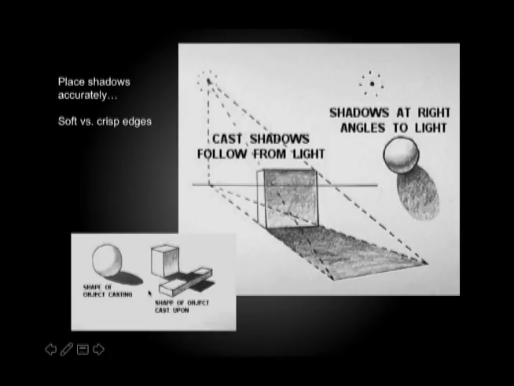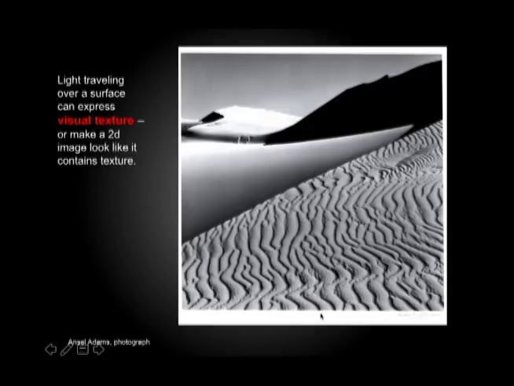Cast shadows also, as we saw in the De Chirico, reveal the shape of the object on which they're cast. And this can be a wonderful way of showing the textures of a surface. Light traveling over a surface can show whether it is smooth or whether it has a visual texture. And it can really make a two-dimensional image look as if it contains an actual texture.